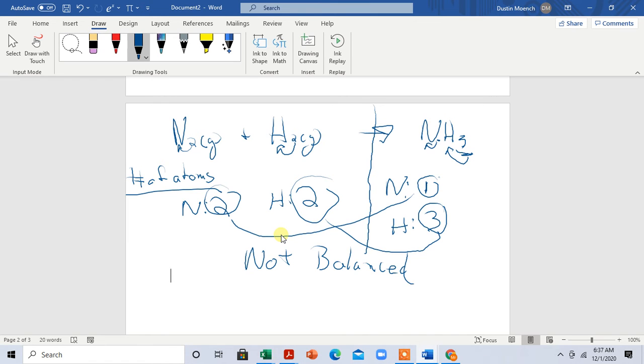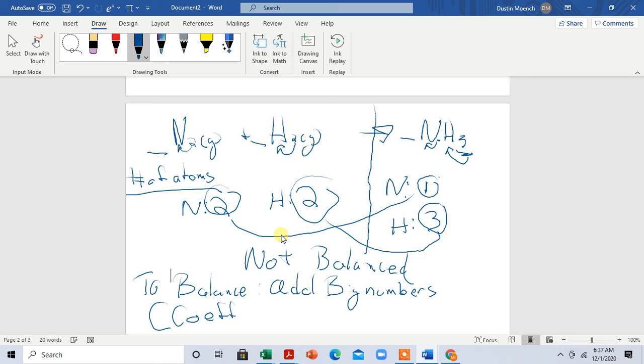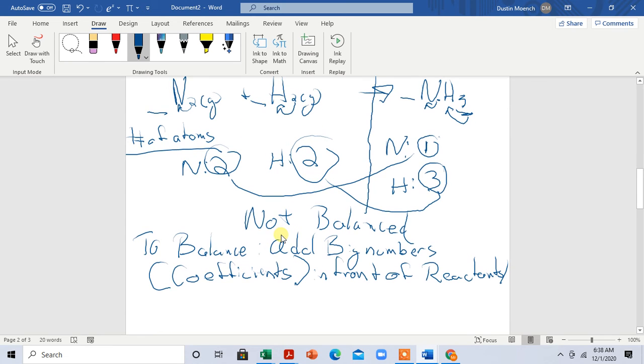To balance, we can add big numbers, which we're going to call coefficients, in front of the reactants or the products.